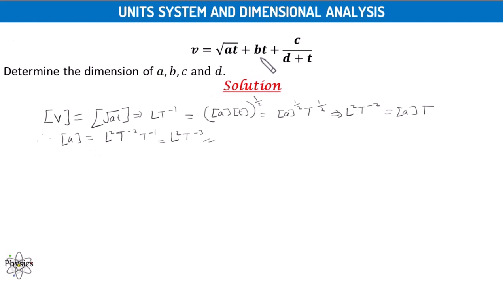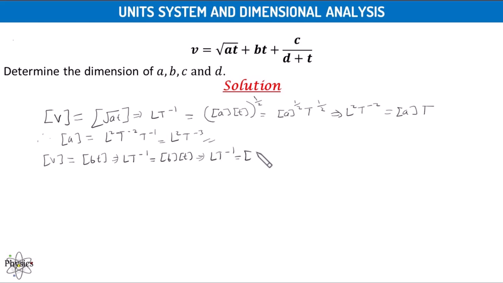Now if we come to B, we also know that the dimension of V is equal to the dimension of BT, which implies the dimension of velocity is LT to the power of minus 1. Open this bracket, we have the dimension of B times the dimension of time. On the left, we have LT to the power of minus 1.